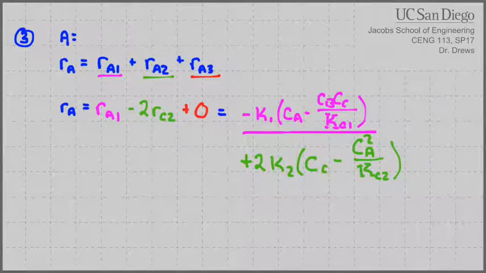For the next one, we look at this sign on the green and say, all right, according to that sign, A should be showing up as a product in reaction 2 because there's a plus sign up here. So we look back at our reaction 2 and we find out, oh, okay, good. A is indeed showing up as a product. So you can use a little bit of sanity check here to make sure that those signs are following whether or not things are showing up as products and reactants.